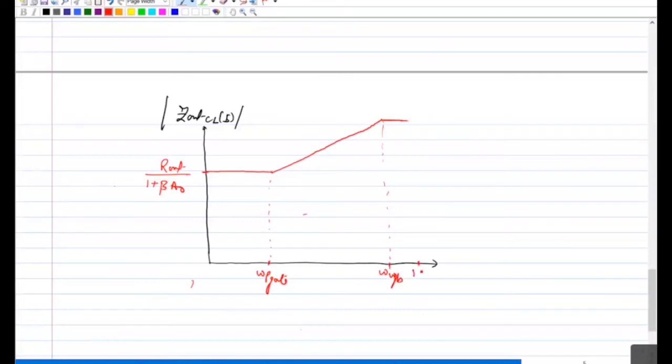That is, let's say, square root 3 times higher, or let me just write omega P out. So what will happen after omega P out? What will be the shape of this curve? What will happen after omega P out? Down. It will start coming down. Okay.